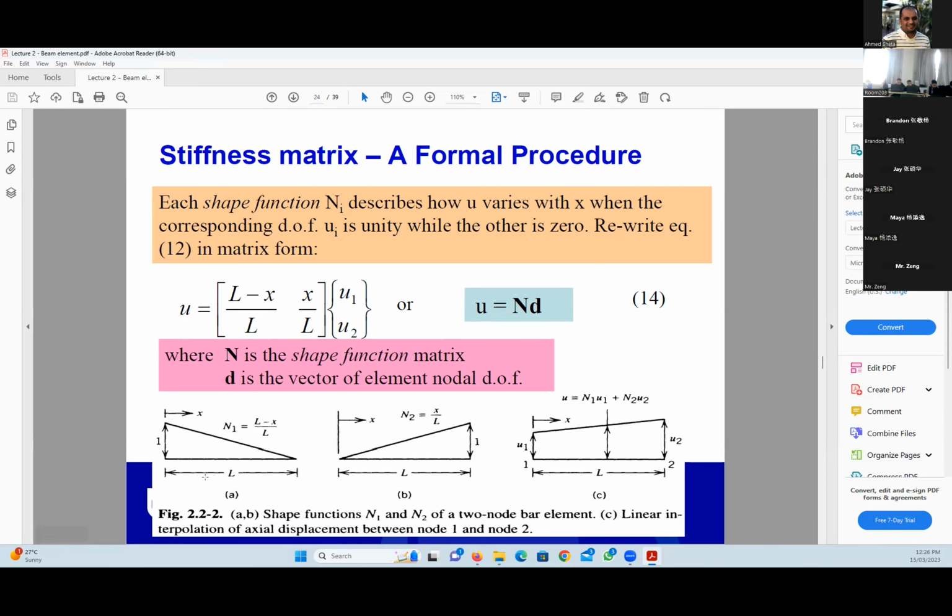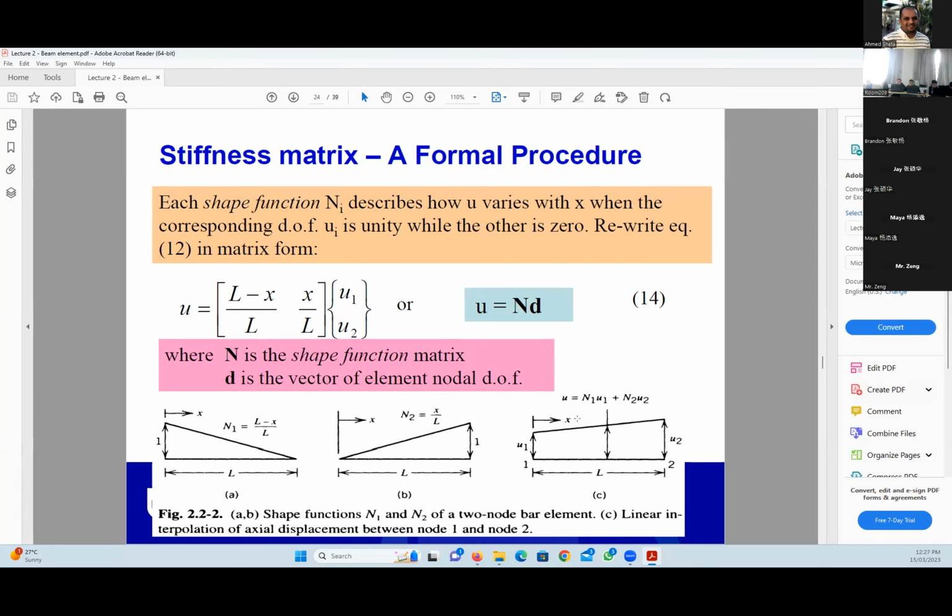So as you can see, for the shape function N1, where u1 is 1 and u2 is 0, N1 will be L minus x divided by L. For the other shape function at node 2, u2 will be taken as 1, so the shape function N2 will be x divided by L. Okay?